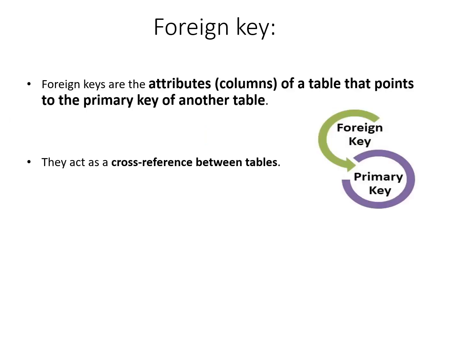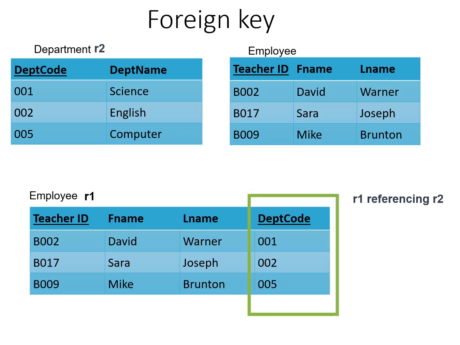So foreign key is basically the cross reference between the tables. It is the primary key of one table which is included as part of another table. Here, department code is the primary key of the department table, which is added onto the teacher table. So this department code will be acting as a foreign key to the teacher table, and it is a primary key of your other table.